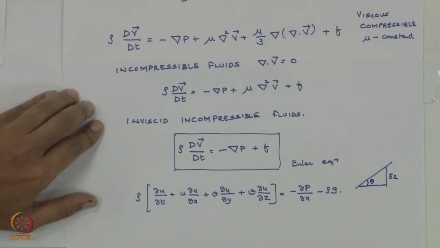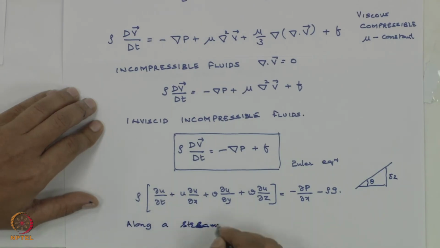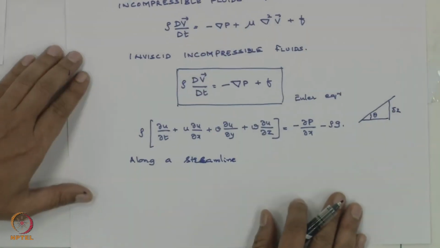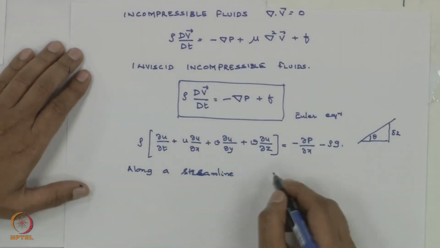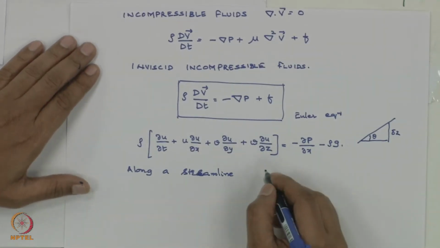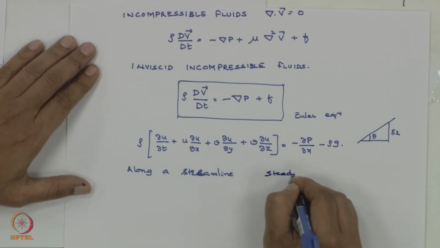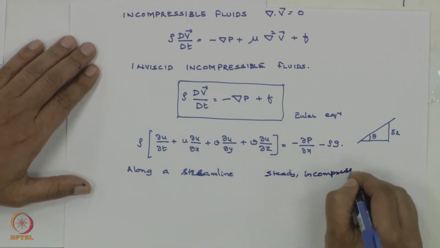Okay. So if I were to write this equation along a streamline, what is that for the Bernoulli equation? There are three assumptions. Number one, it is steady, incompressible and inviscid.